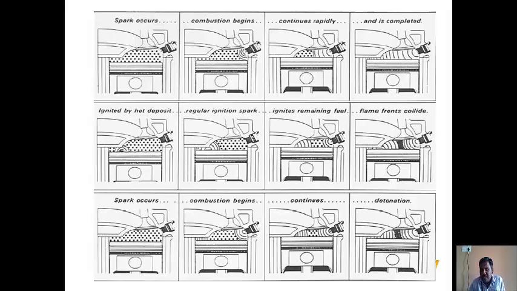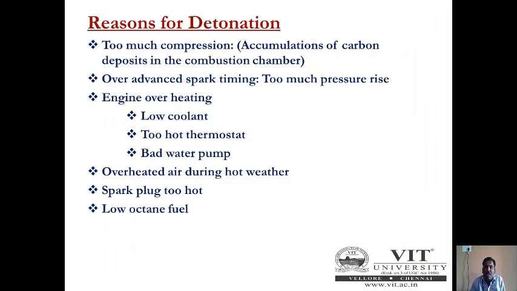So detonation is also one of the abnormal combustion processes. It is happening due to the auto ignition of the end gas, the unburned mixture. Here also there are flame collisions. Pre-ignition means ignition by the hot deposit inside the cylinder. The reasons for detonation in SI engine: the first reason is when there is too much compression.